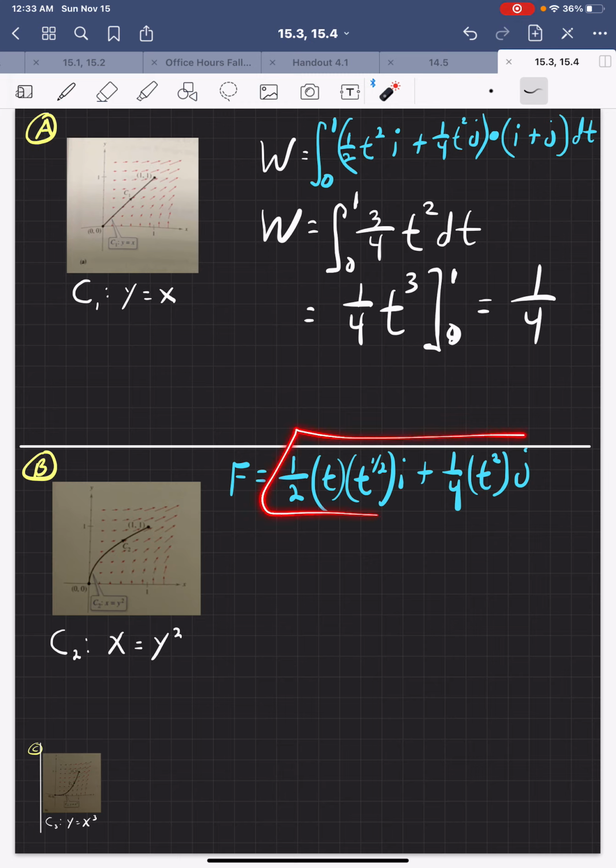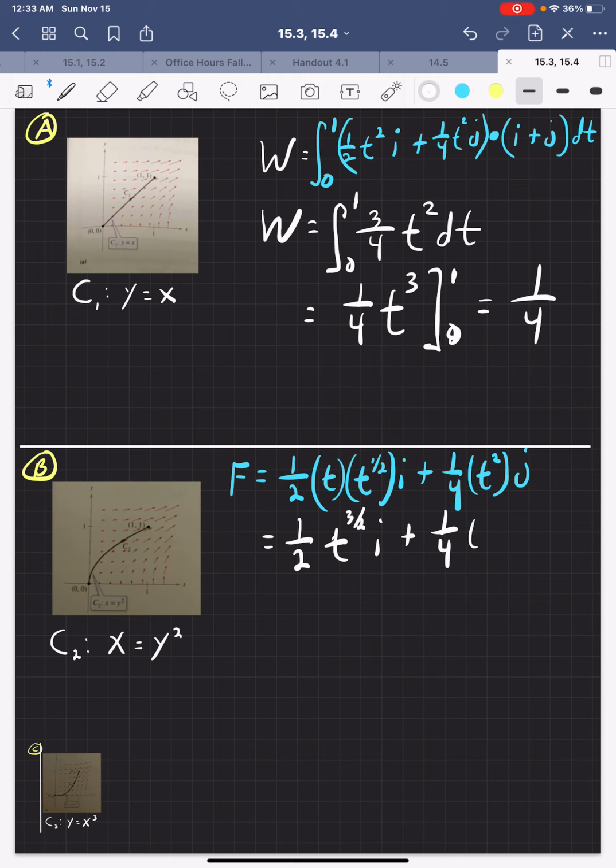All right. So we can clean that up a little bit, but eventually what we're going to want to do is substitute that into our line integral. So t to the power of 1 times t to the power of 1/2 is t to the power of 3/2. And that's going to be plus 1/4 t squared in the j direction. Okay, so it's at this stage that we set up our line integral to calculate the work.